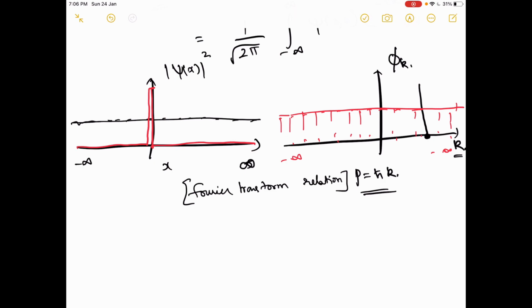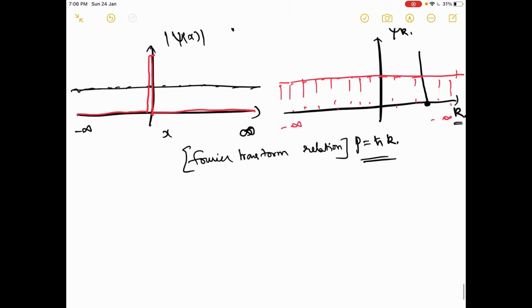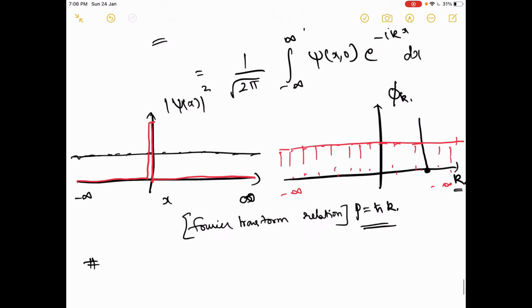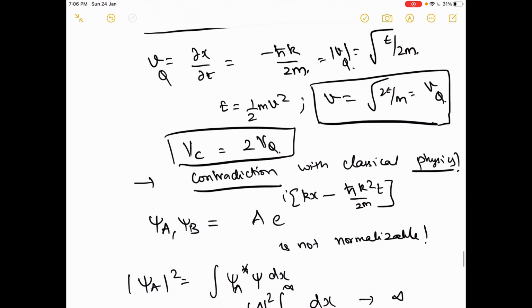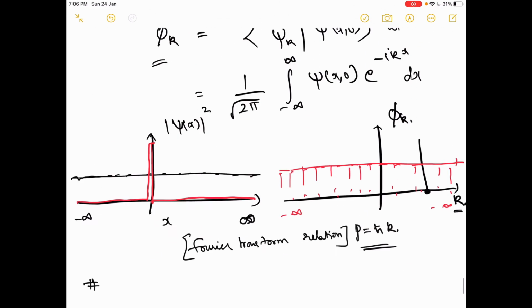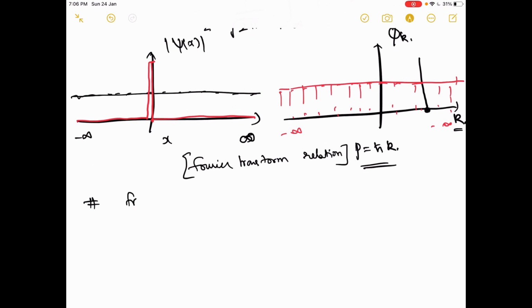right? Now let us take a particle which is relatively free. We get back to our previous problem here: why is our classical particle having twice the velocity of the quantum particle? So let's go back to a free particle.